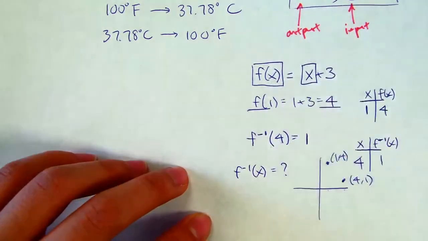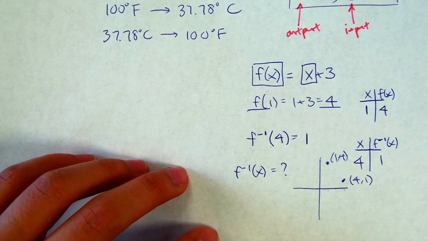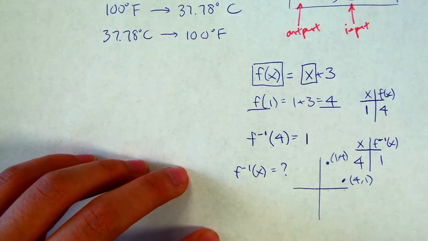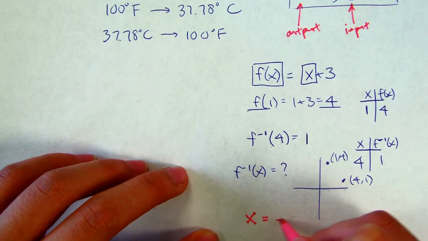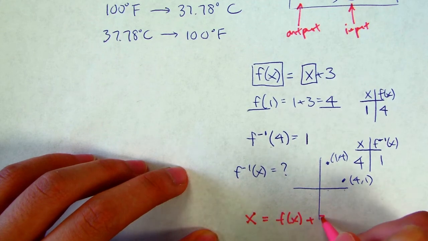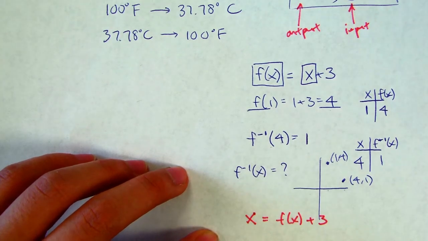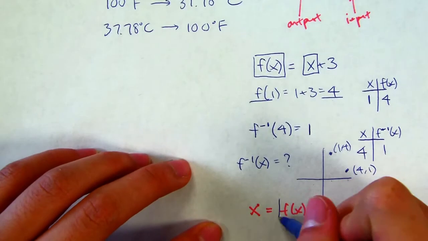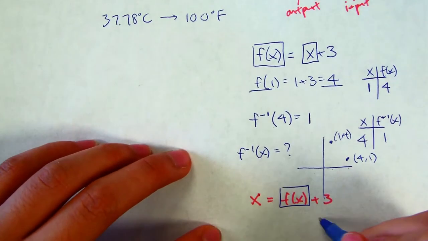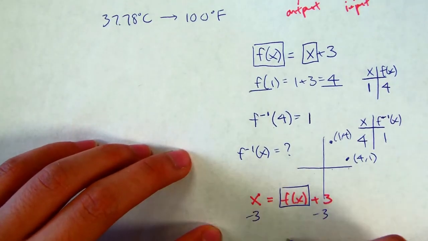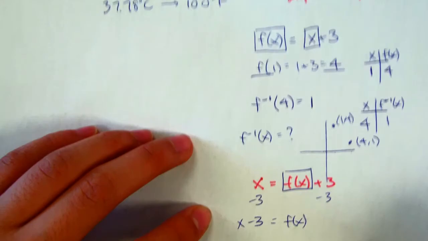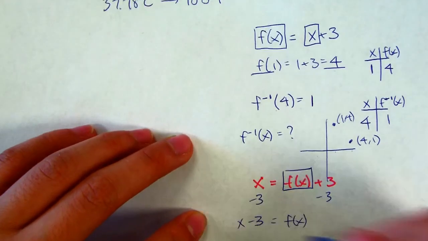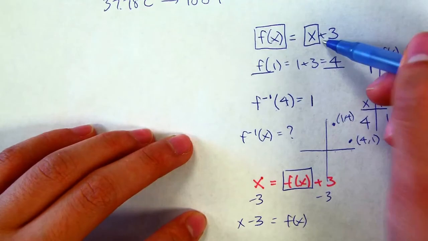Now we're going to switch it. So if we switch it, I would get x is equal to f of x plus 3. And the question is, how do I solve for my output f of x? Well, I can just subtract 3 on both sides. And I get f of x is equal to x minus 3. And therefore, the inverse function of x plus 3 is x minus 3.